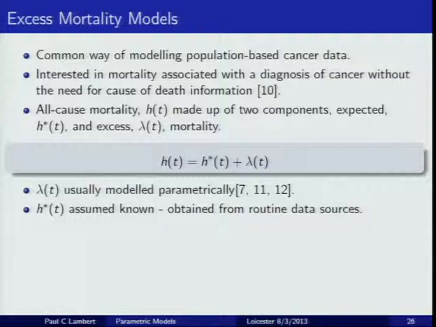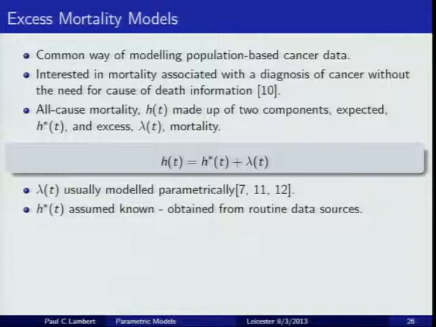The way we've decided to extrapolate is to use these excess mortality models, these relative survival models. This is work by Therese Andersson, who's a PhD student in Stockholm. What these models do is partition the all-cause mortality into two components, the expected mortality and the excess mortality associated with the diagnosis of cancer.